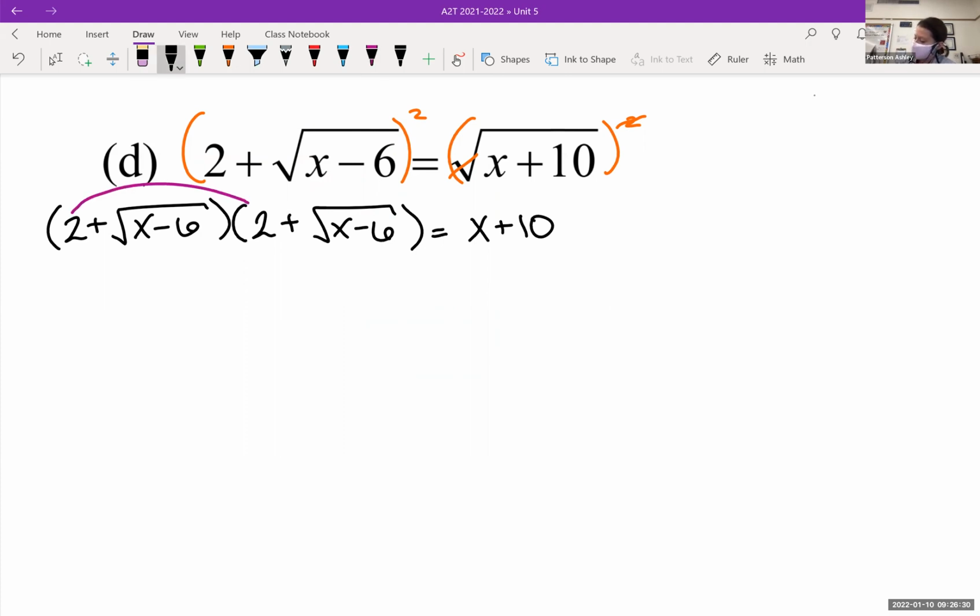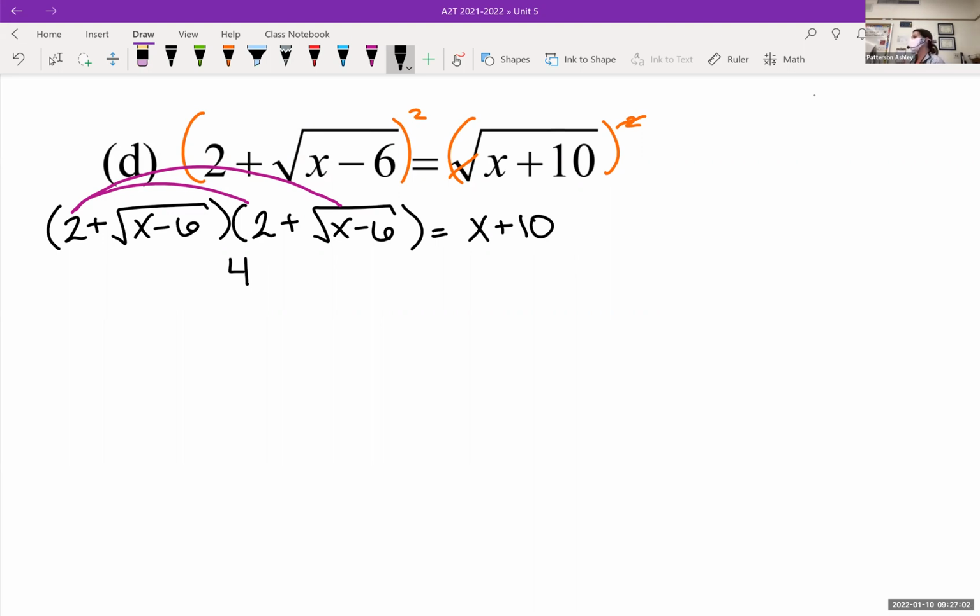The first terms give us 4. The outside terms leave us with a constant times a square root. Can I multiply the constant into the radical? Is that possible? No. Remember, for skill 3, you can only multiply radicands, so the values underneath the radical, if it's the same indexed radical.